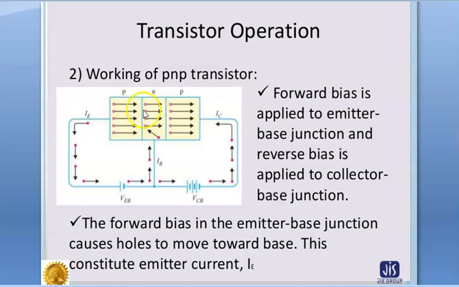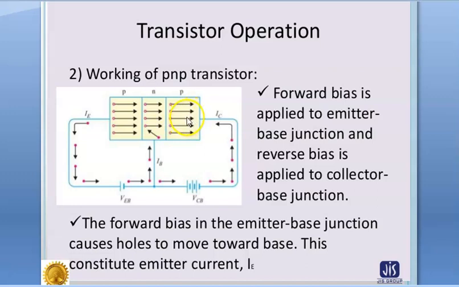When these holes reach the base region, some of them recombine with electrons in the N region. Only a few holes recombine with electrons in the base region, because the base is lightly doped, and the remaining holes reach the collector junction.